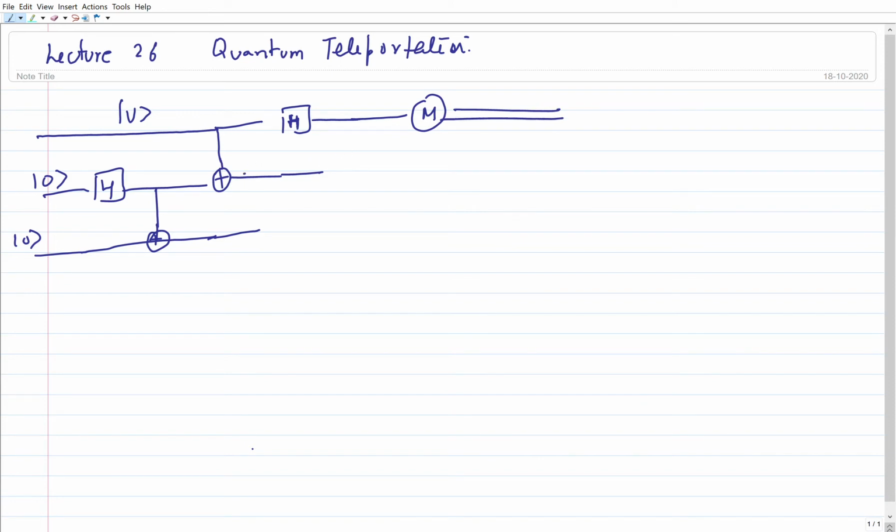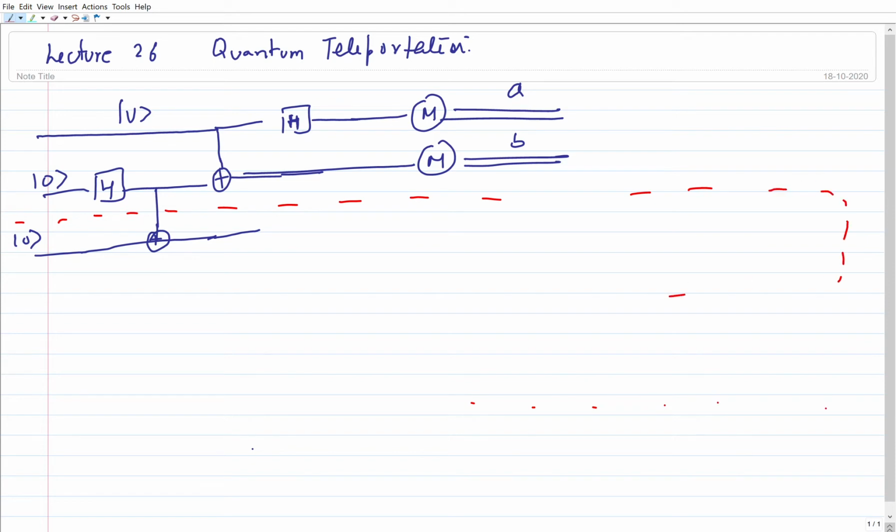Now there are these measurement operators and the classical bits coming out of it, A and B. And as we discussed in the previous lecture, this was Bob's end. So this wire belongs to Bob.